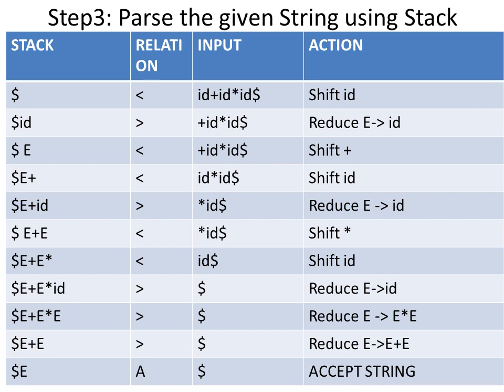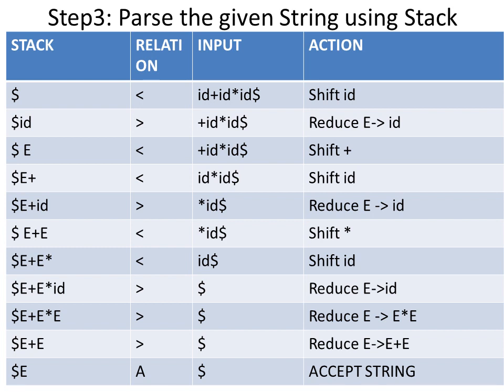So less than symbol is marked in the relation place. And coming to action, what is the action to be performed next by the parser is shift ID. We need to shift ID from the input string to the stack.